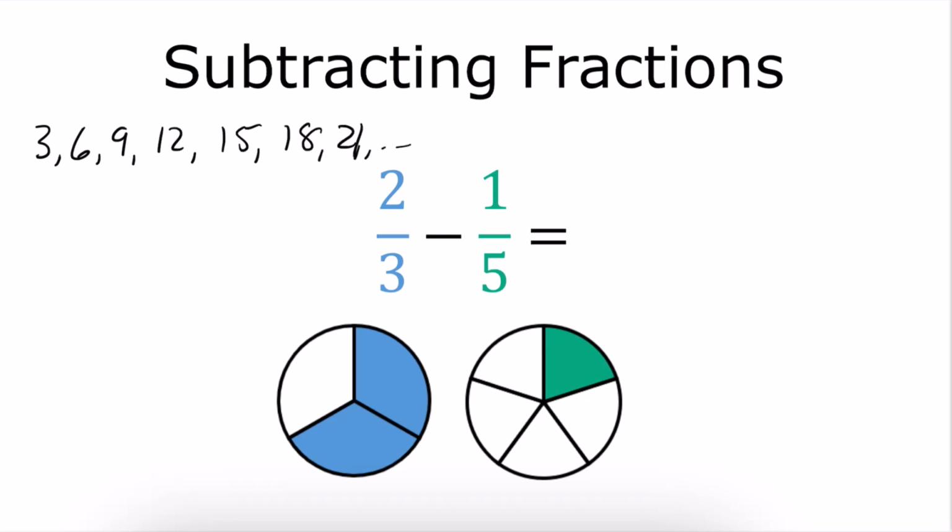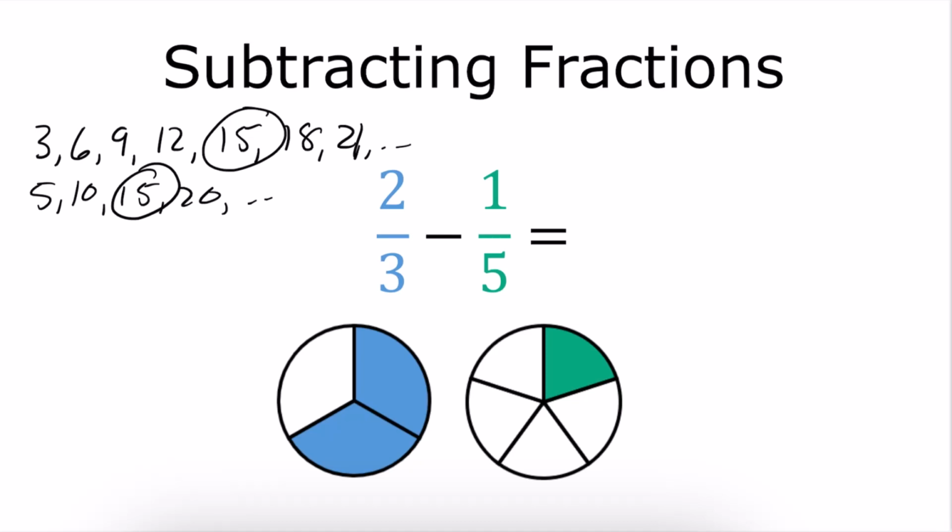And the multiples of 5 are 5, 10, 15, 20, and so on. And we've already got our least common multiple. Now notice that in this case, the least common multiple was also the product of the two denominators. So this will also happen. So sometimes they're the same method.